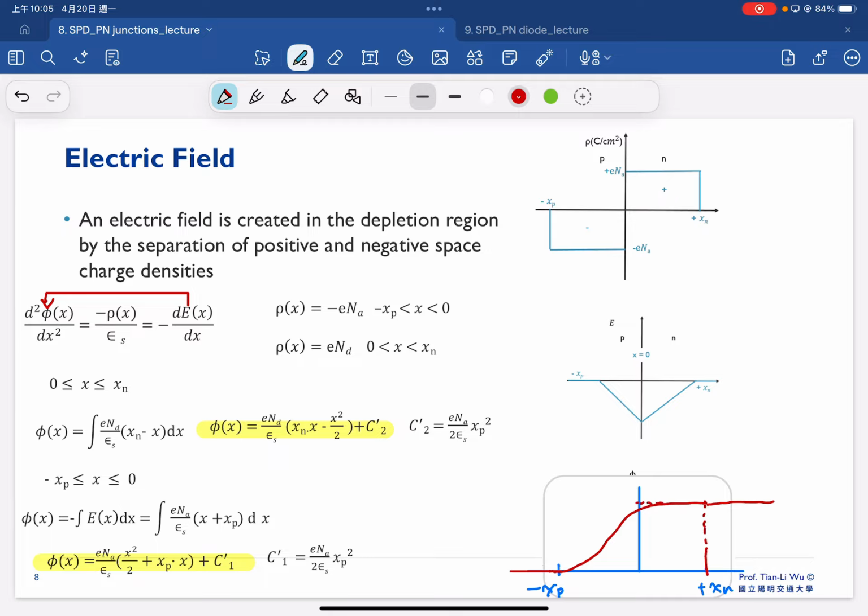This point is exactly the same as what we mentioned. This is the potential inside this space charge region, which is our built-in potential, what we call VBI here.